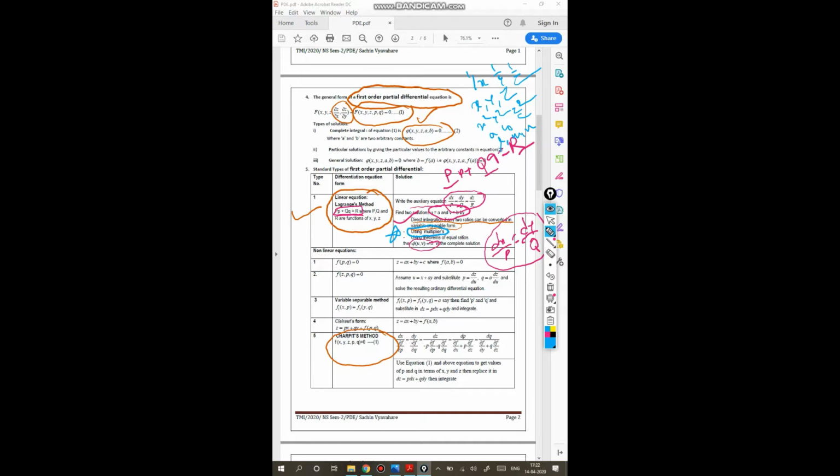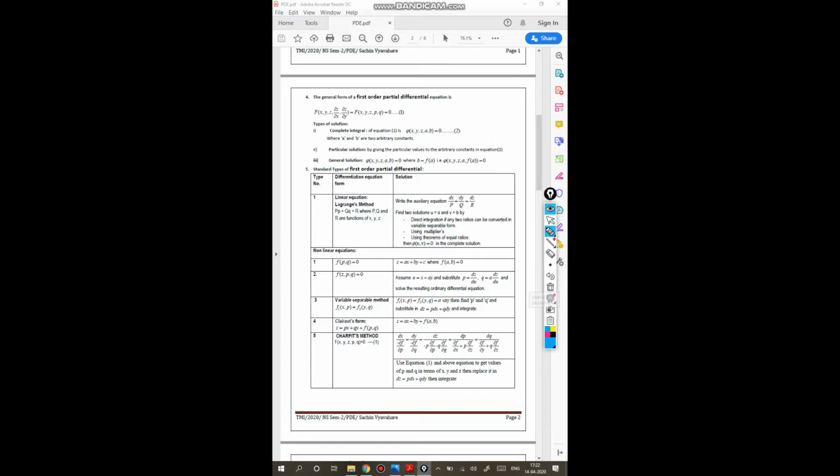Now, what are those multipliers? Yes, we can multiply the ratios by any non-zero thing, and we know the ratios still remain the same. But here our aim is to select the multiplier so that when you multiply it to that P, Q, R, their addition should come as 0.